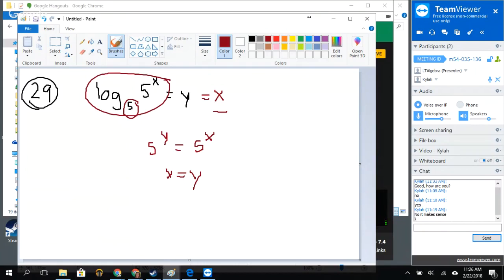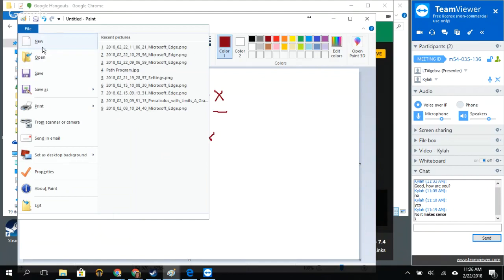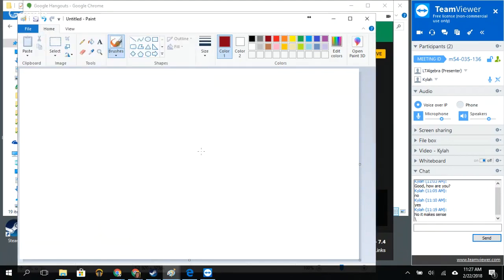Okay, so then if I do number 33, I have log base 3 of 81 to the x power, and that equals some y, right?